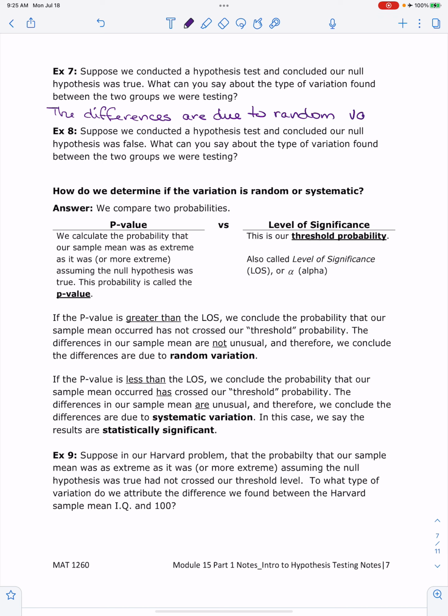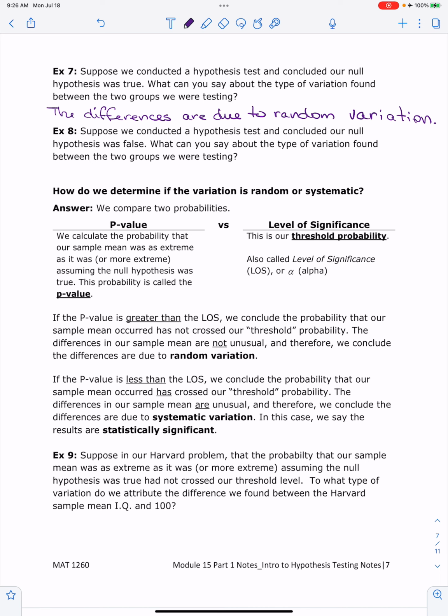Which means while it may not be exactly the same as our population mean, or it may be what seems like a good distance above, because of sampling, we still believe that the variation is typical for our population.